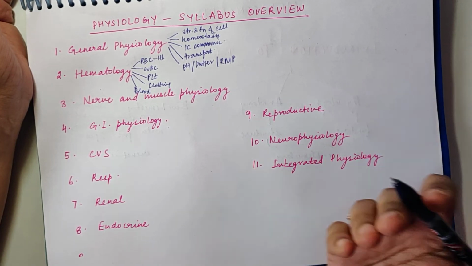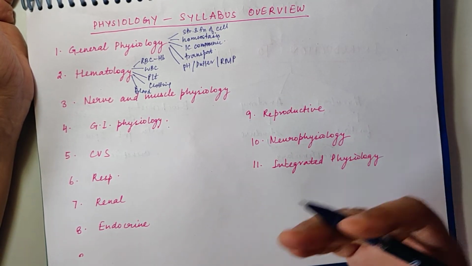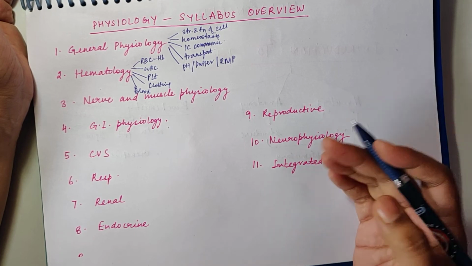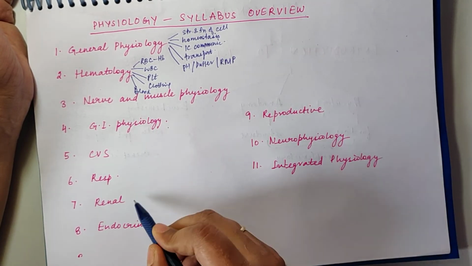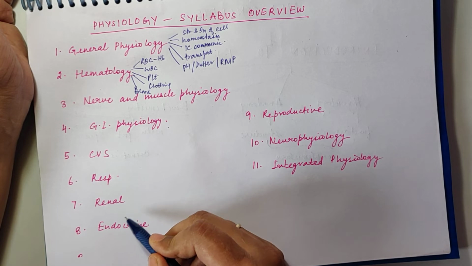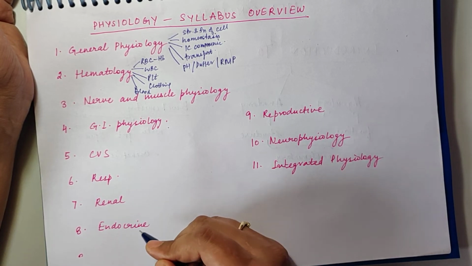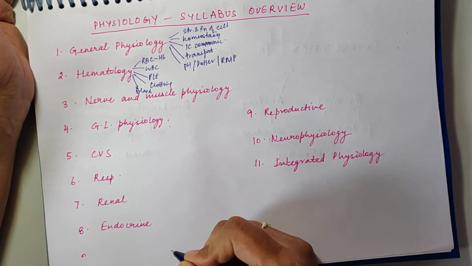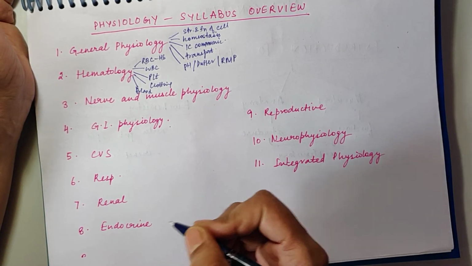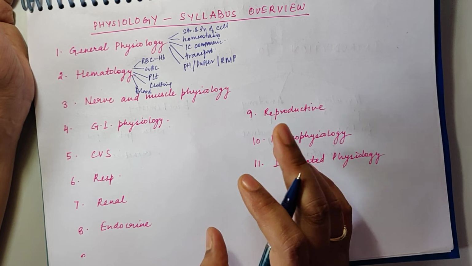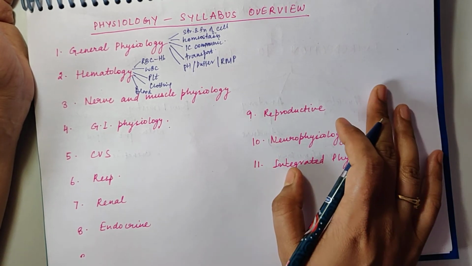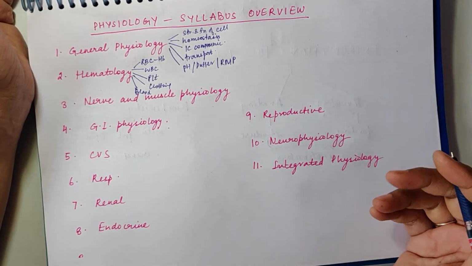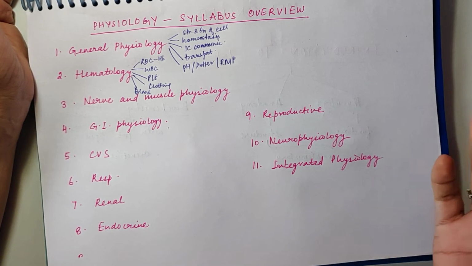Again in respiratory, we'll talk about the lungs and how the exchange of gases takes place, simply. Renal, we'll talk about how the fluid and electrolyte balance is maintained within your body by your kidneys, and a little bit about the endocrinal function. Endocrine function is performed not just by the typical endocrine organs that you know of, but in segments even by your kidney, by your skin.